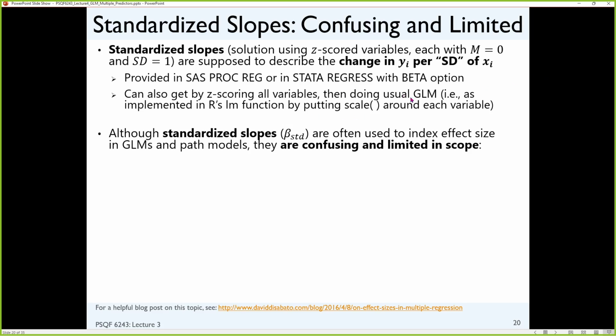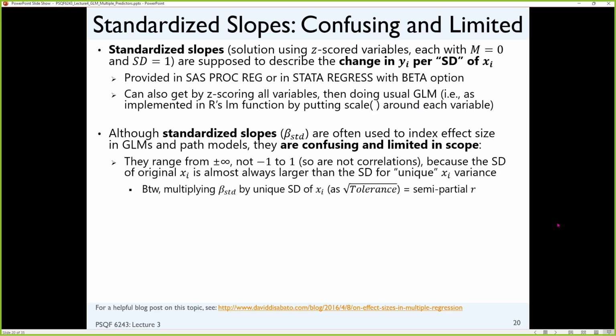So even though all packages readily provide standardized slopes, and people like to think about them as the change in Y for a 1 unit or a standard deviation change in X, that's not technically correct. So standardized slopes, once you have more than one predictor in the model, do not range from -1 to 1. They range from plus or minus infinity.